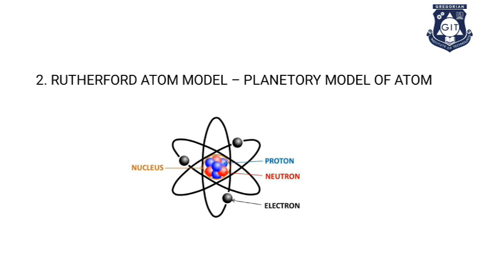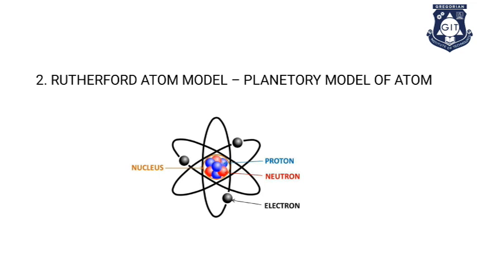The next atom model was proposed by Rutherford, and Rutherford atom model was called planetary model of atom. It is very much similar to the way in which planets are arranged around the sun. As the sun constitutes the center of the solar system, in an atom the nucleus occupies a central position, and the subatomic particles, namely protons and neutrons, occupy the nucleus.